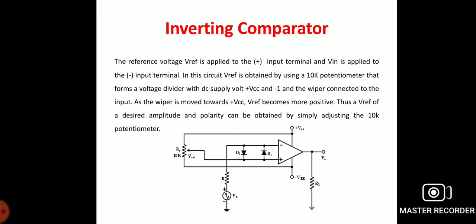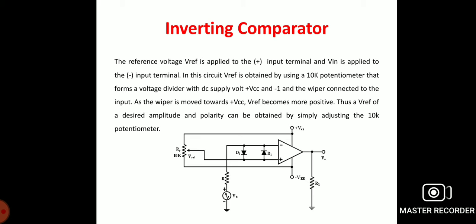As the wiper is moved towards the positive supply voltage, the reference voltage becomes positive. Thus, a reference voltage of desired amplitude and polarity can be obtained by simply adjusting the 10 kilo ohm potentiometer.